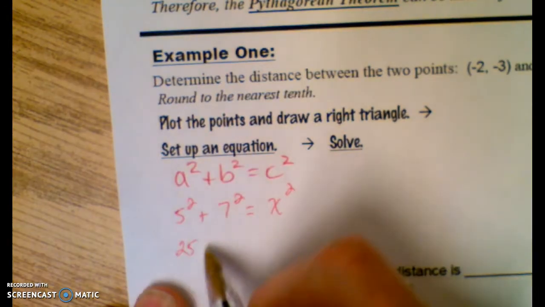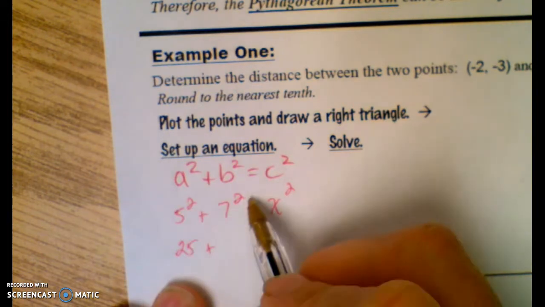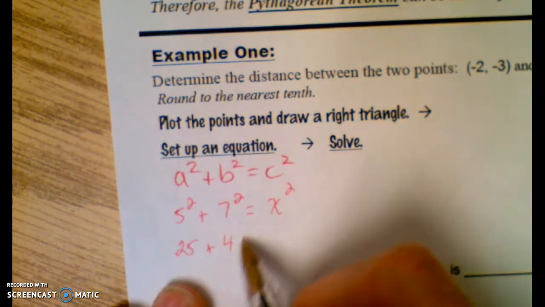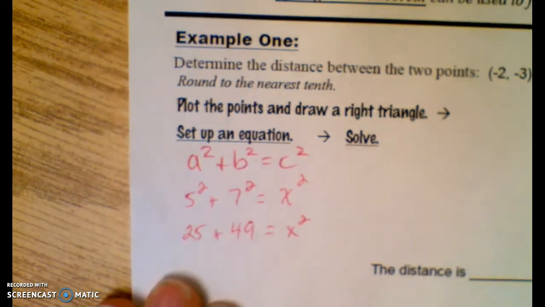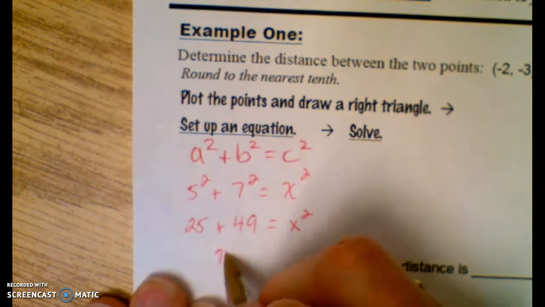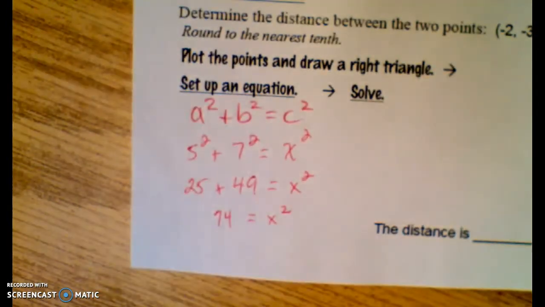You can simplify by taking 5 squared, which is 5 times 5, or 25, and 7 squared, which is 7 times 7, or 49. Now you're going to simplify by adding together these 2 values, which are right next to each other in our equation. They add together to be 74. And at this point of the problem, you're almost done.